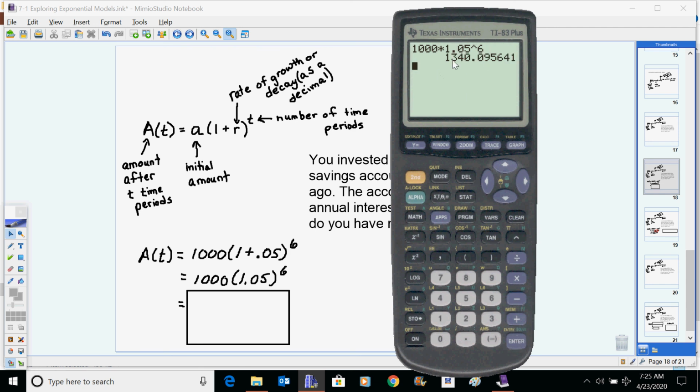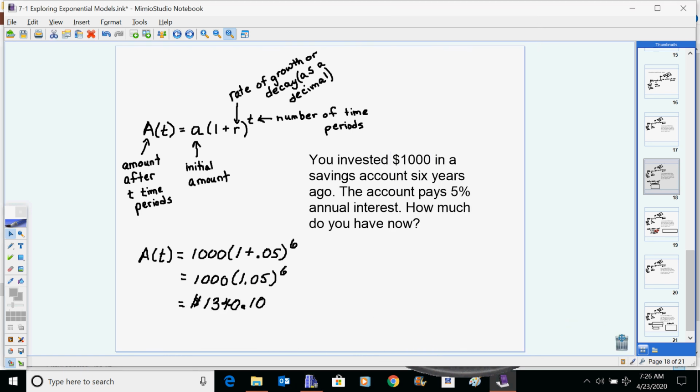Okay, so here's our number. Now we're talking about money here, so you need to round to the pennies place. 1,340, you would round to here. This 5 bumps it up, so $1,340.10 would be the amount that you would have after those 6 years.